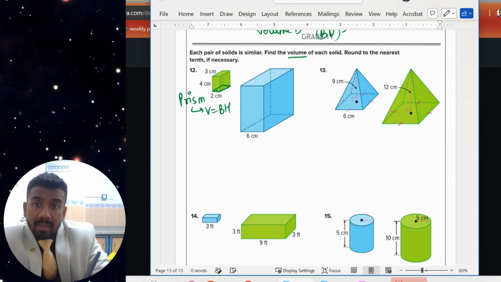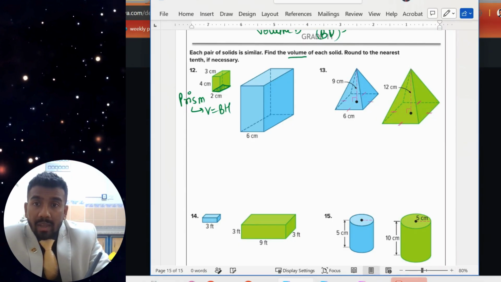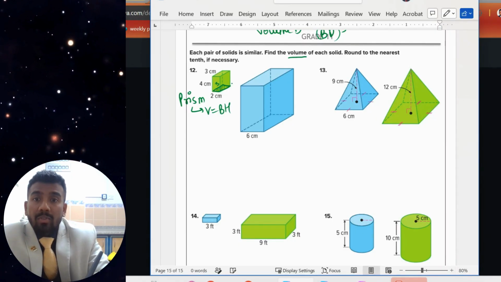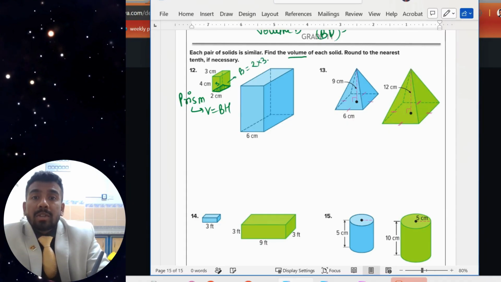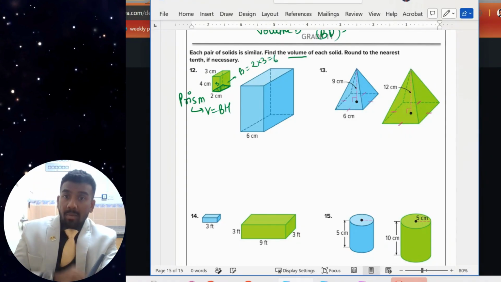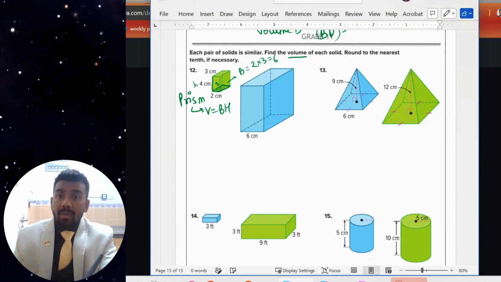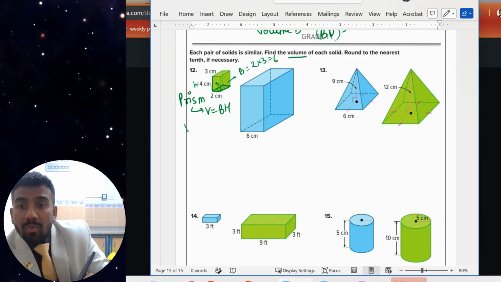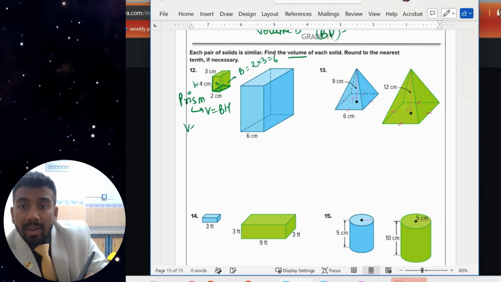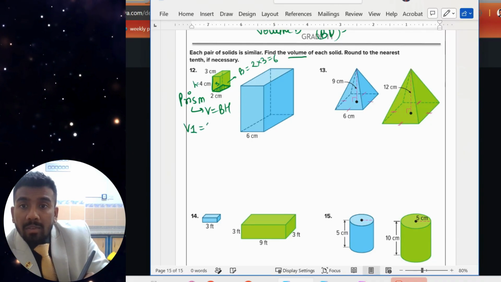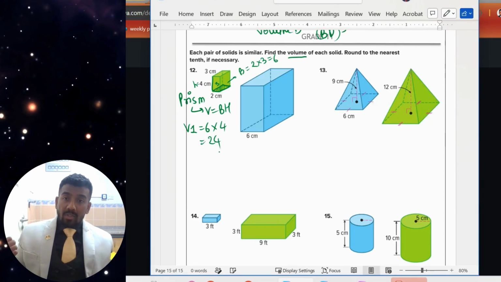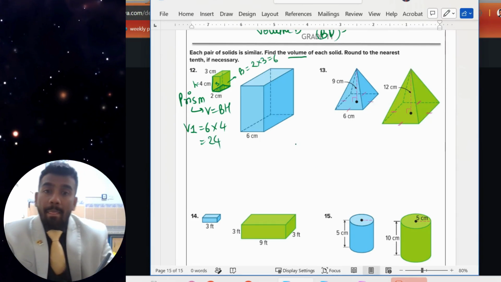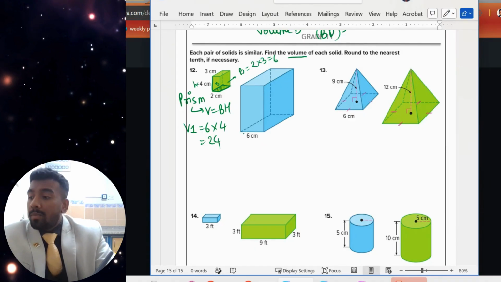The base is 2 and the length is 3. So what will be B? 2 times 3, that is how much? 6. And how much is the height? 4. So what's the volume of the first figure? Let it be V1. It will be 6 times 4. That's how much? 24. Understood? Same for the volume V2.